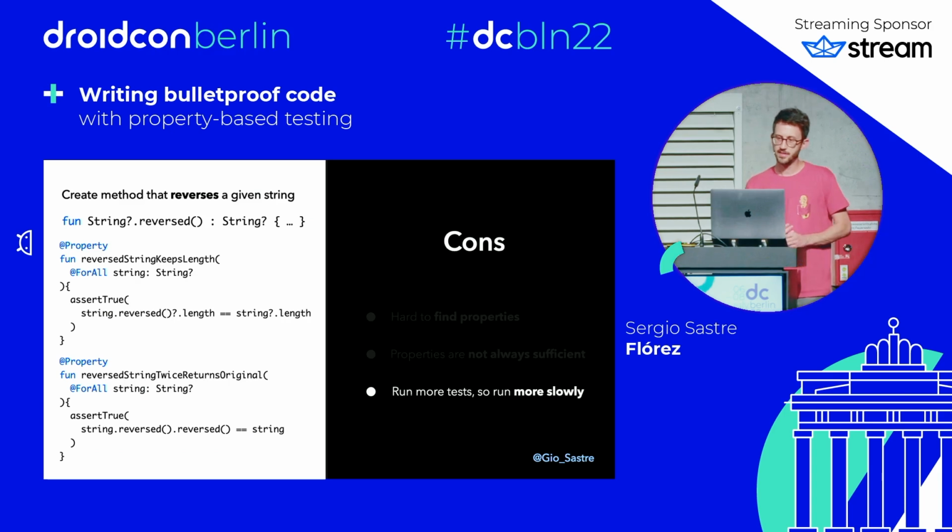And last but not least, I'm just at the end, running out of time. Property-based tests, as I mentioned, generate a lot of tests, like 1,000 by default. You can configure that. But they run more slowly.